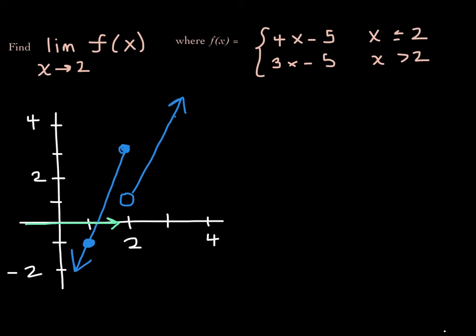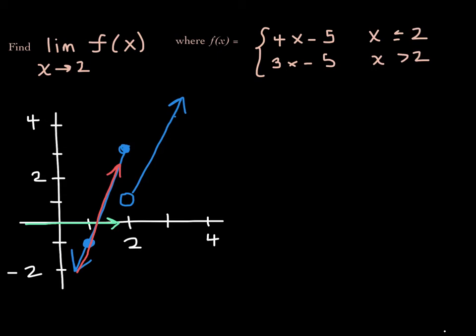Did you see that? Maybe it would be better if I did another color. Let me try red. As my x values are approaching 2 from the left, my function values are approaching 3.